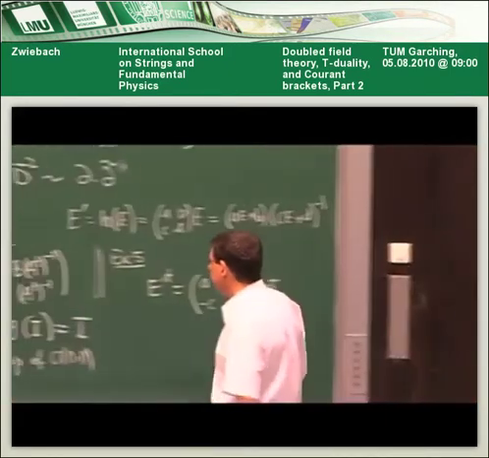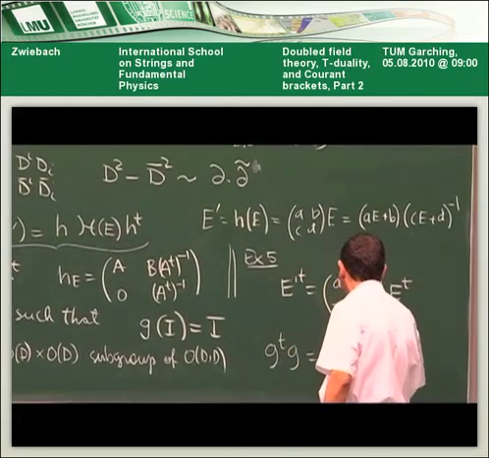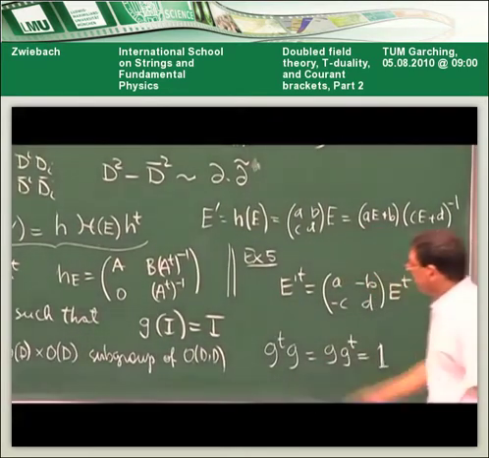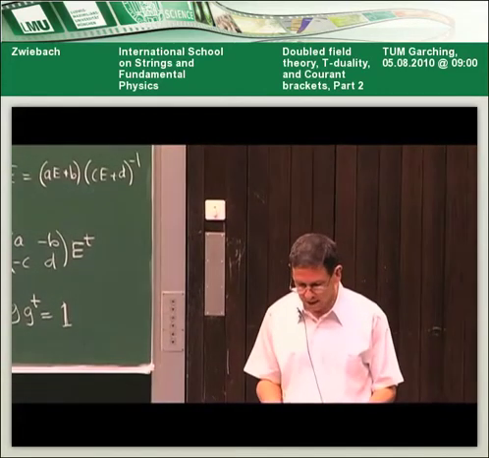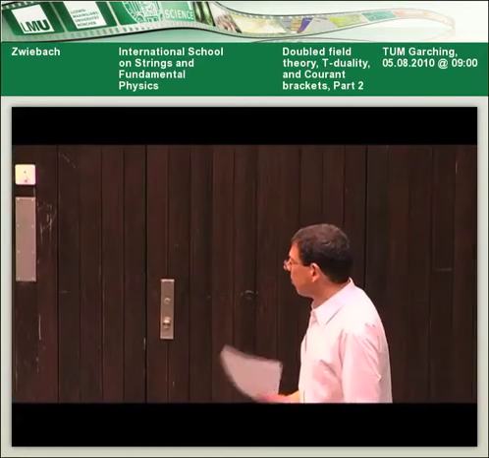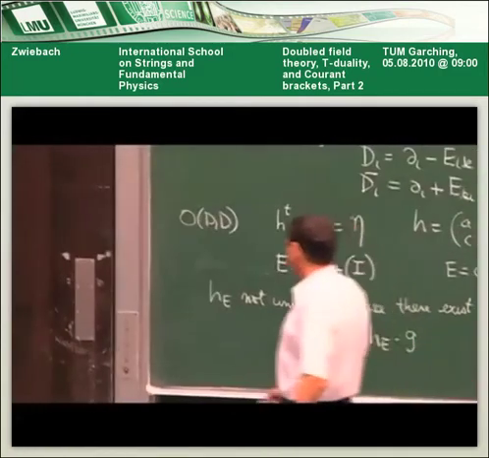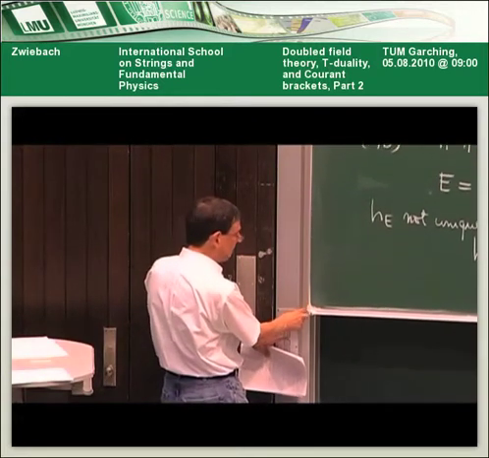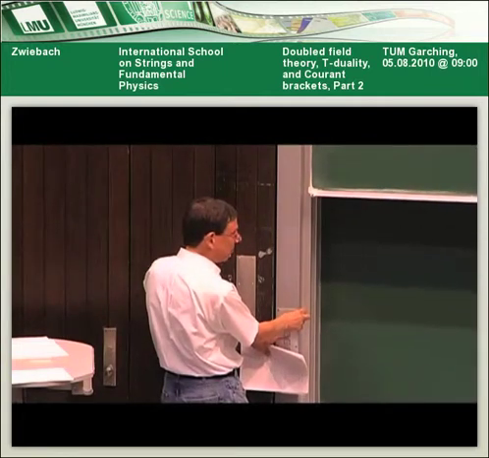And in fact, G transpose G is equal to G transpose equal 1. And those are things you will have to show. And there's a little bit of a hint on how to do that at the bottom of page 10 and page 11. So these are exercises on ODD transformations, on duality transformations, and they're pretty nice and simple. But again, they take a little ingenuity to get right.